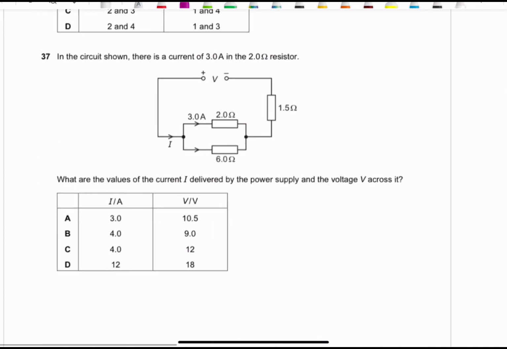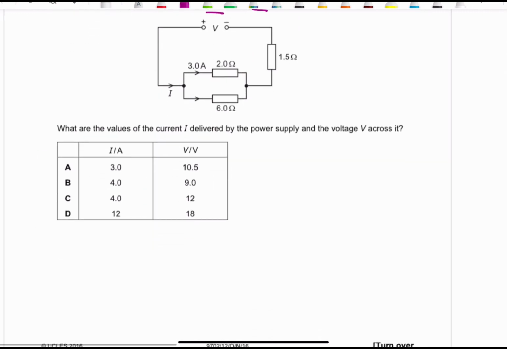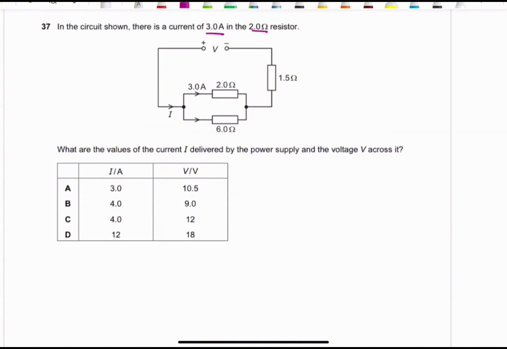In the circuit shown, there is a current of 3 amps in the 2 ohm resistor. What are the values of current I delivered by the power supply and the voltage V across it? Let's look at this. We've been given a current of 3 amps in the 2 ohm resistor. So what can we do?